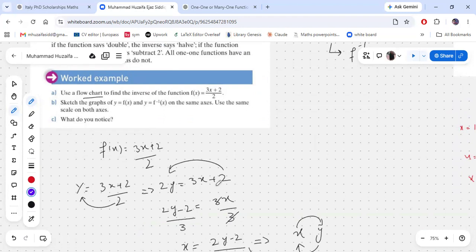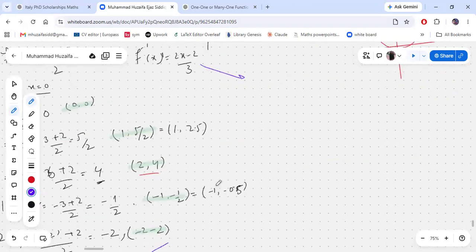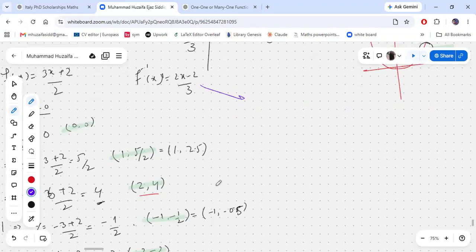So basically, he wants to ask about the graphical representation of the inverse function as well as their original function.